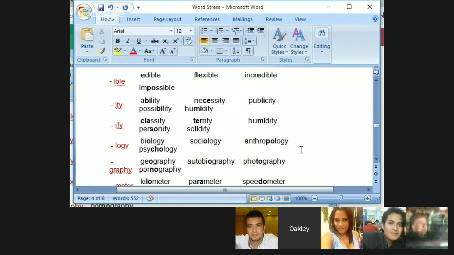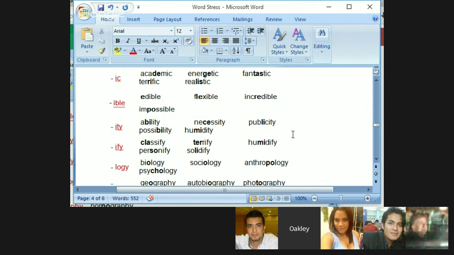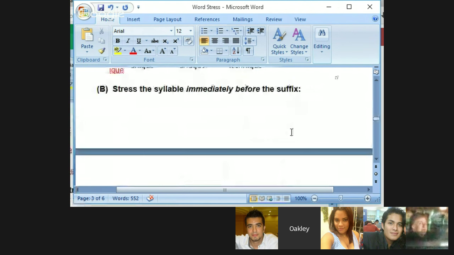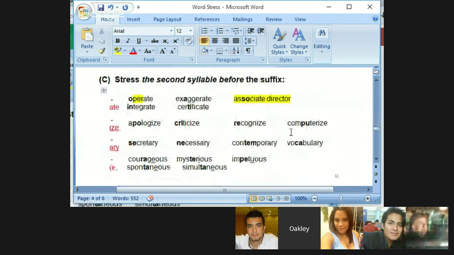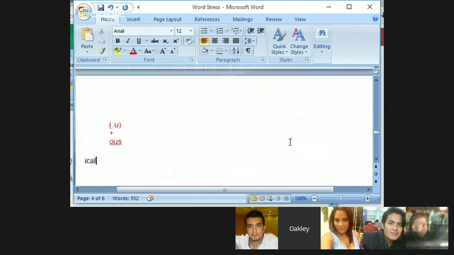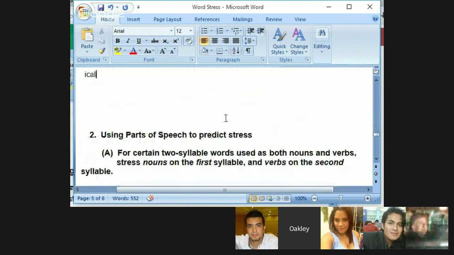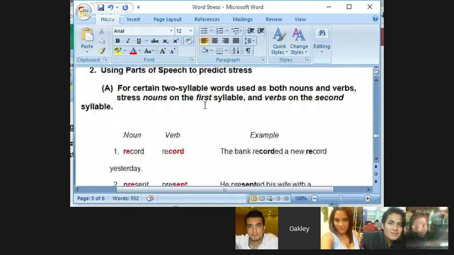Meaning, meaningless, nothing changes when I add less. Or full, hopeful, meaningful, nothing changes. So there's a lot of other suffixes that do nothing. It's really only this list we've looked at today that actually causes a change. These suffixes cause a change in the stress.